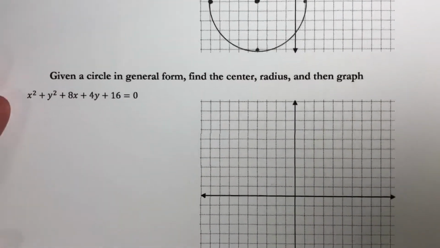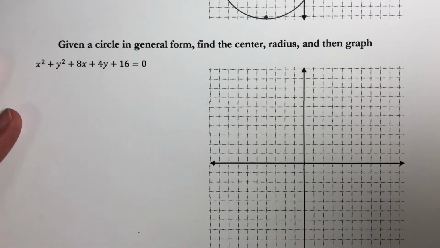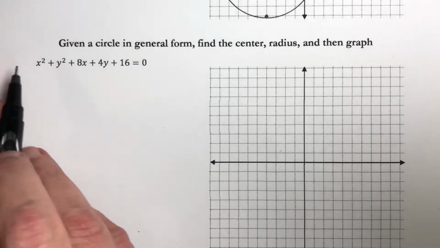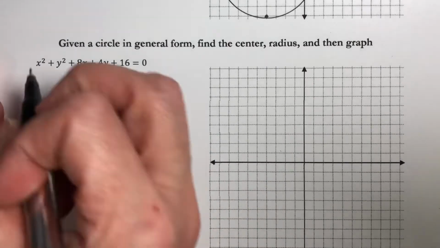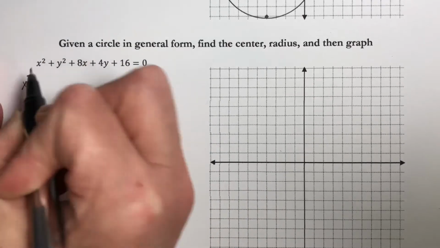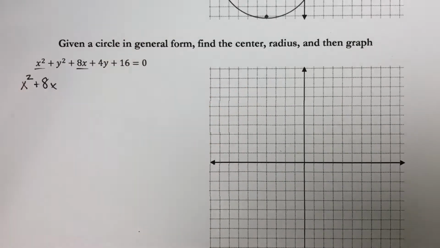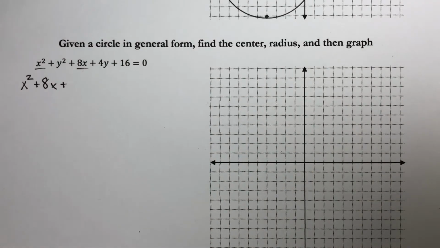Okay. Now, I mentioned earlier that what we have to do is complete the square, and we're going to have to do this twice. First, I'm going to rearrange this and get my x terms together. So I have x squared plus 8x, plus a blank.